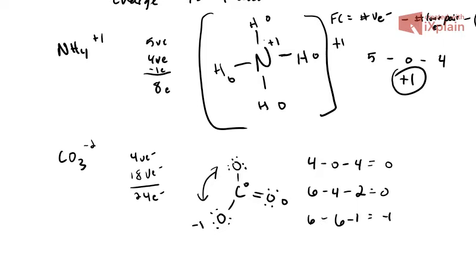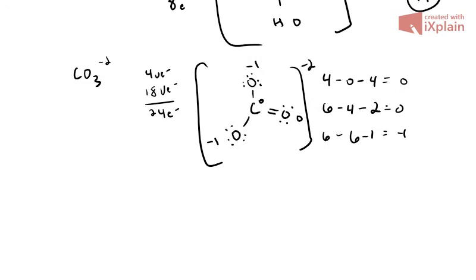So each one of these has a -1 charge on it. When we take the total of all the atoms, we get a -2 charge. Okay, and that is the polyatomic ion for carbonate. Now, we can transition into resonance from this carbonate. Okay, carbonate has this Lewis structure.